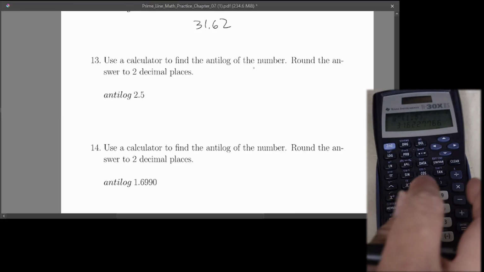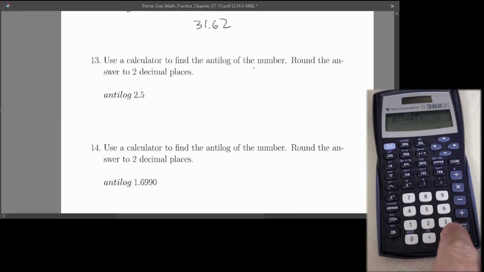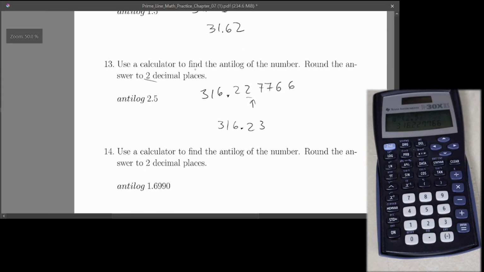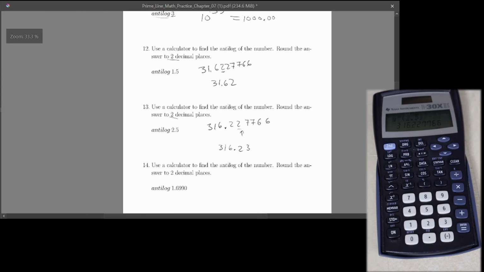The anti-log of 2.5 is 316.227766. Two decimal places again, we're going to bump it up, 316.23. And so realize when you have a value of 1 difference in your anti-log, you're a full place movement over.